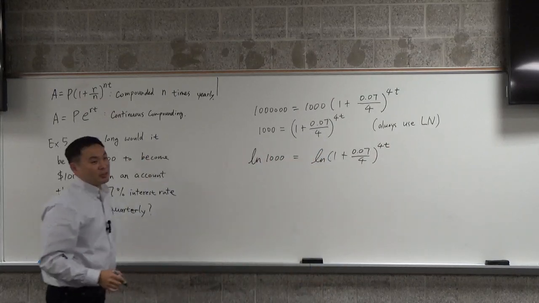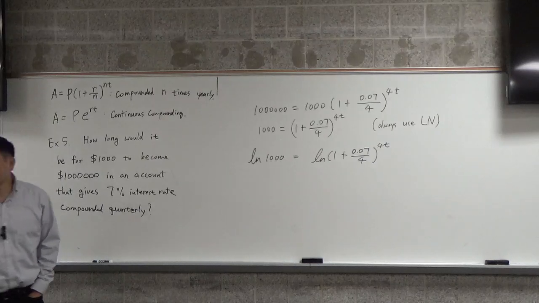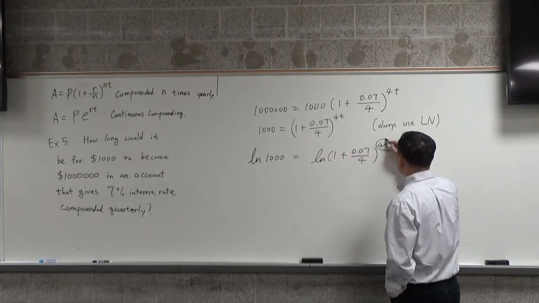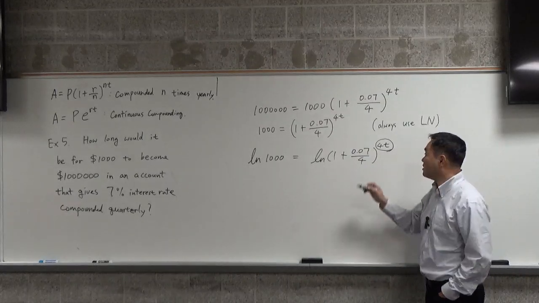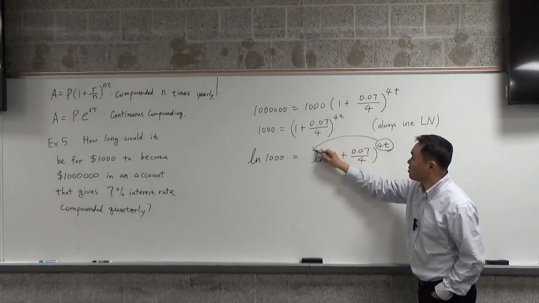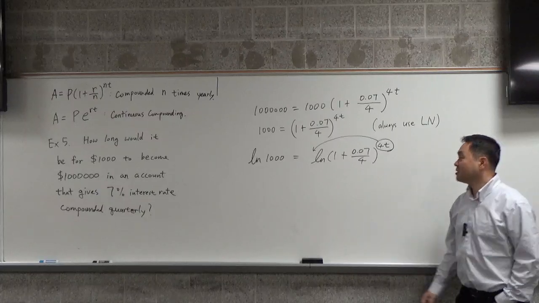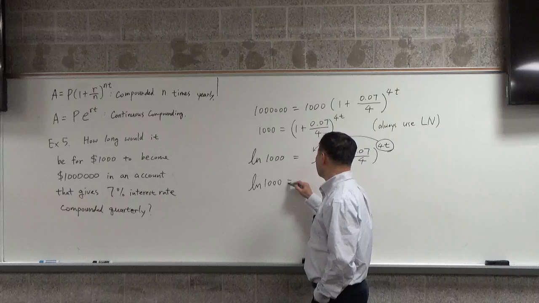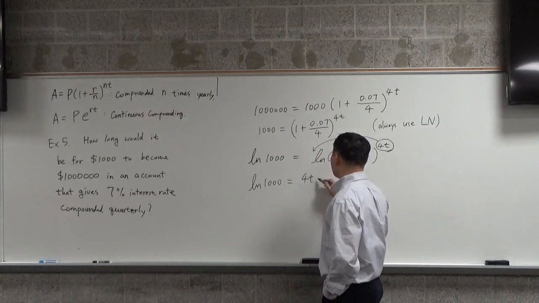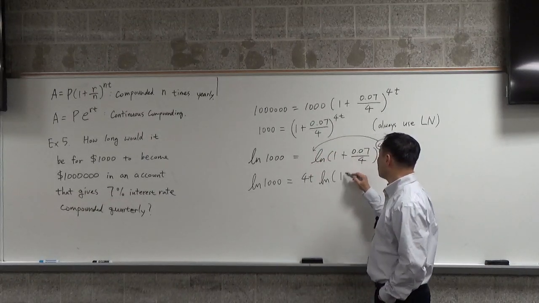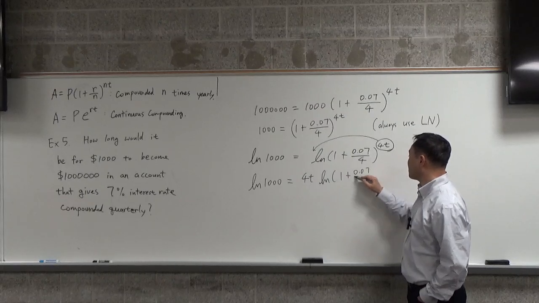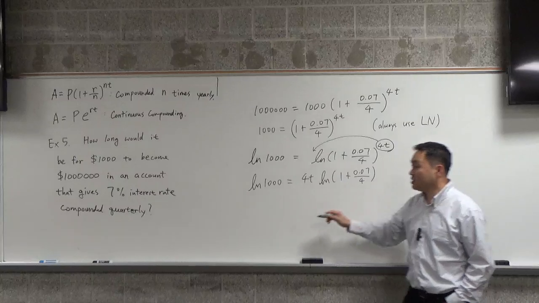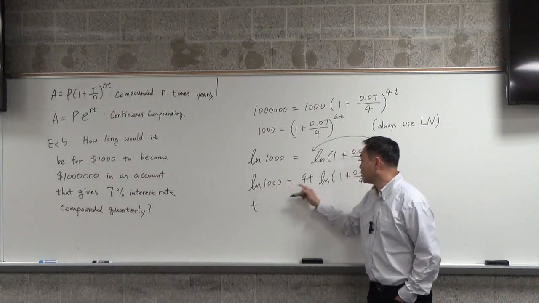You might not see why this is going to help us, but it helps because this 4t can jump over the log. That gives you ln of 1,000 equals 4t times ln of 1 plus 0.07 over 4. And therefore, t is going to be this thing divided by this.